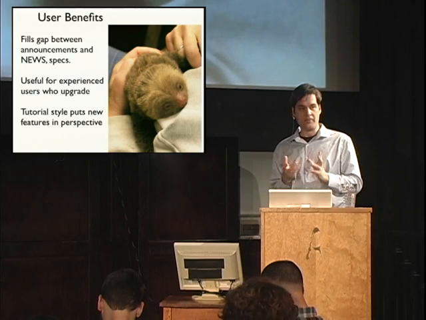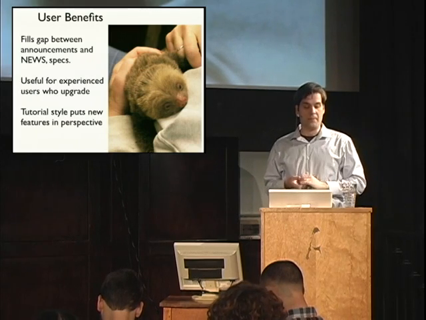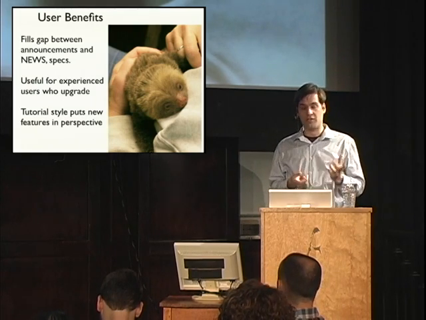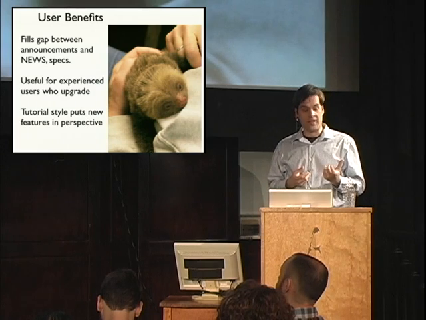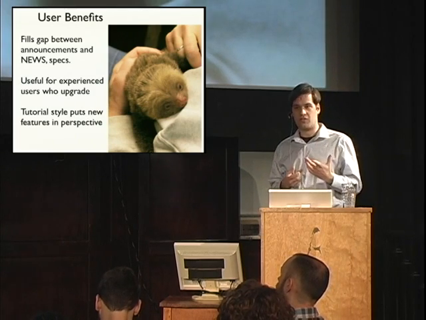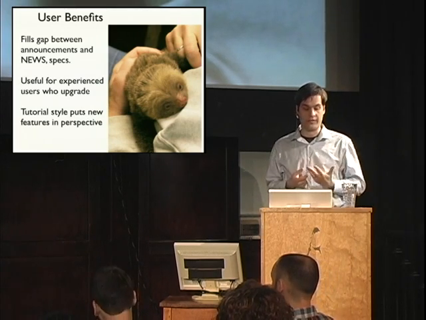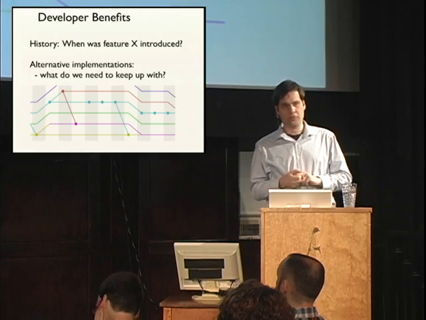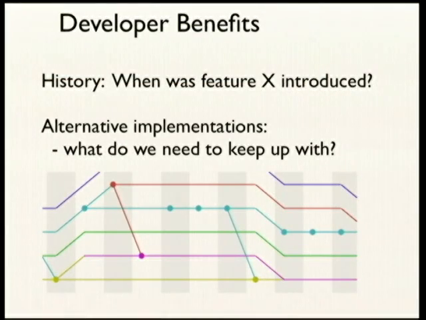And putting it in a tutorial style makes it more useful for less experienced programmers. You can put new features in perspective, and you can explain the purpose of a feature and why it was designed the way it was, and give usage examples. The usefulness for developers was primarily historical.